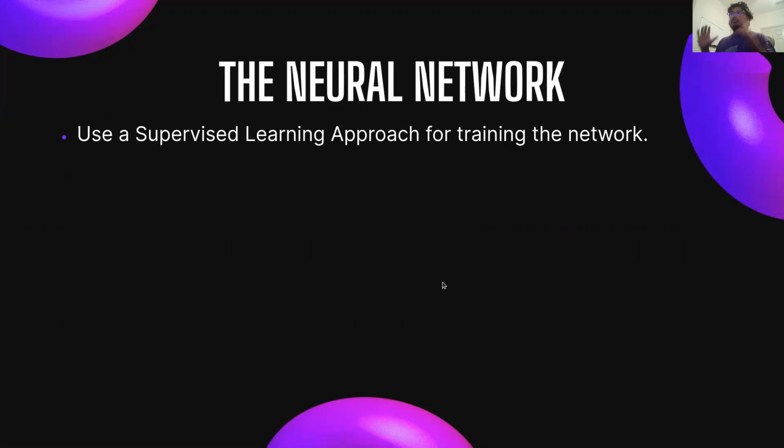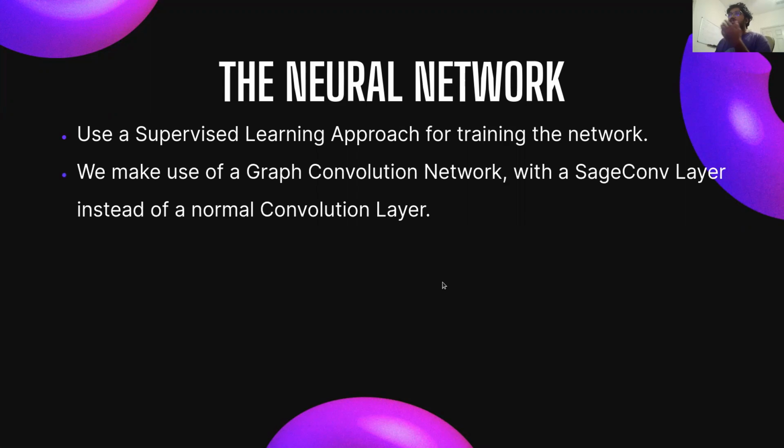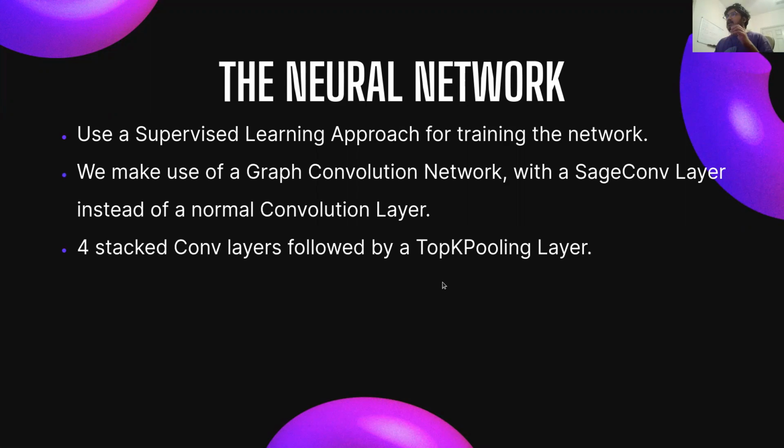Now, as for the neural network itself, we use a supervised learning approach for training, where we use a graph convolution network, in which we replace the traditional convolution layer with a SAGEConv layer. It's basically four stacked conv layers followed by a top k pooling layer.